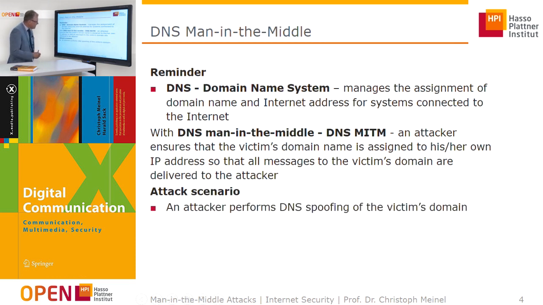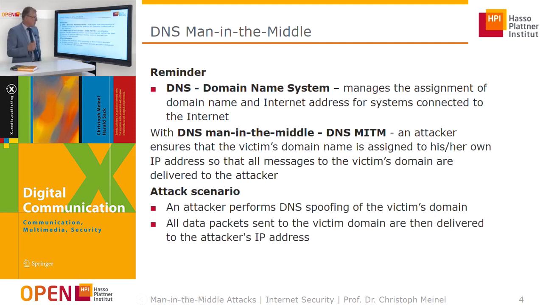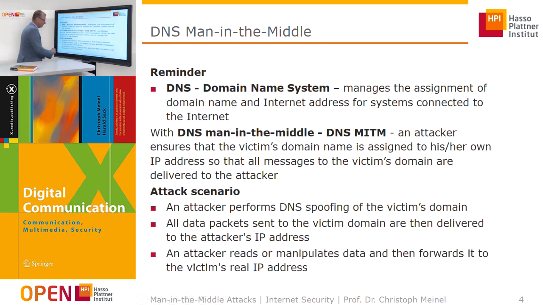So a concrete attack scenario looks as follows. An attacker performs DNS spoofing with the victim's domain name. So all data packets which are sent to the victim domain are then delivered to the attacker's IP address.